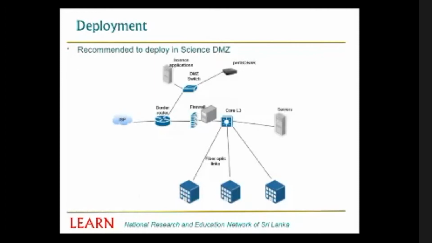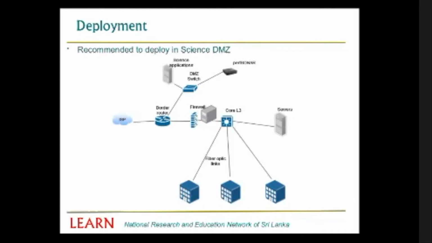Okay, how to deploy perfSONAR? The recommended way to deploy it is in a Science DMZ. Science DMZ is Science Demilitarized Zone. In that zone there's virtually no traffic filtering and no traffic throttling.